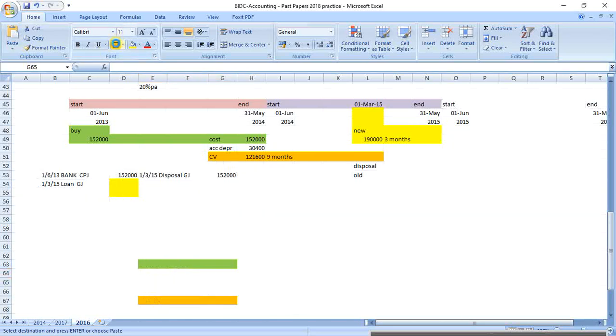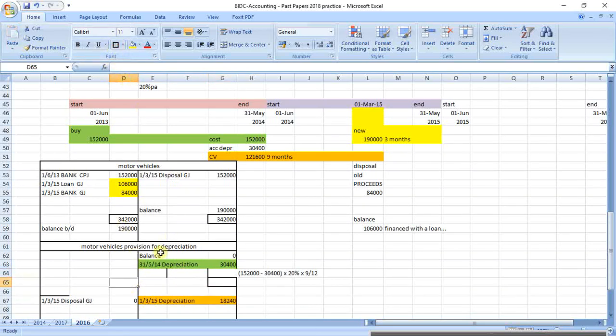Okay, so if you really want it to be year by year, then you had to have put this in. So for this year, you only would have had a balance brought down, balance carried down.